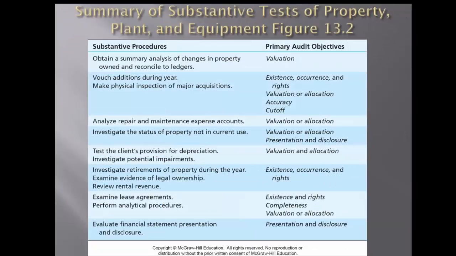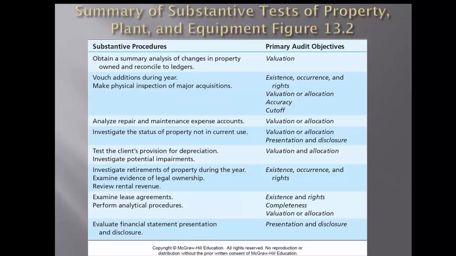Okay, now the keyword here is substantive procedures. Substantive procedures, again, is where we are attempting to measure monetary misstatement. So in substantive procedures, we are measuring the monetary misstatement as it relates to our account balances for property, plant, and equipment.